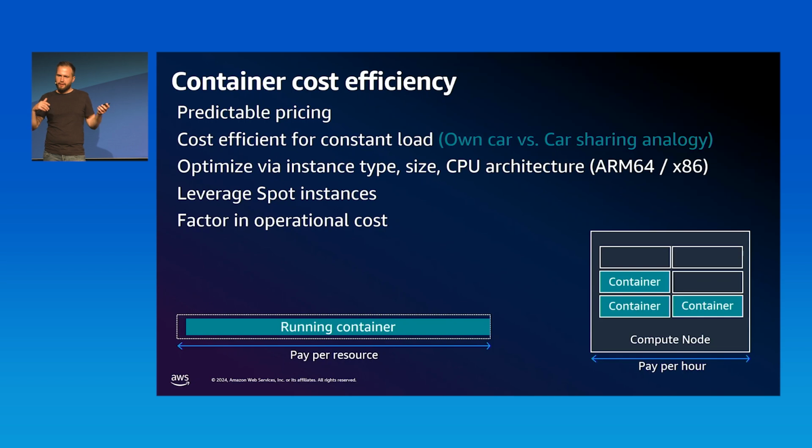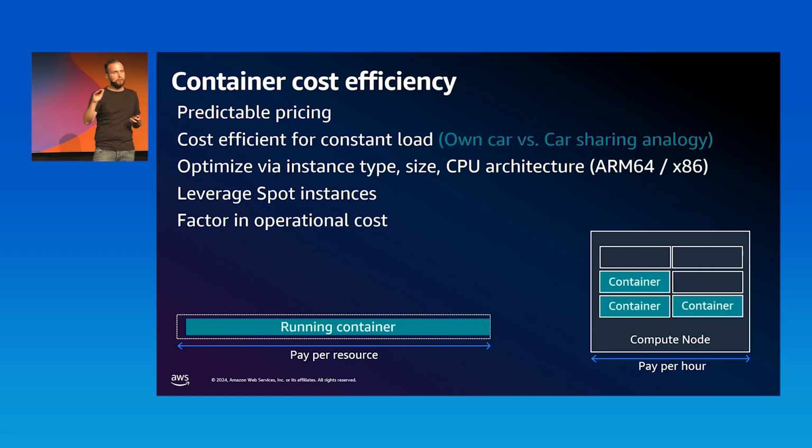However, if I take the car sharing car and I drive it 24/7 for the whole month, that will get quite expensive, right? So therefore, having an own car, which translates now to having your own compute nodes or your Kubernetes cluster where you put your containers, can be much more cost efficient.